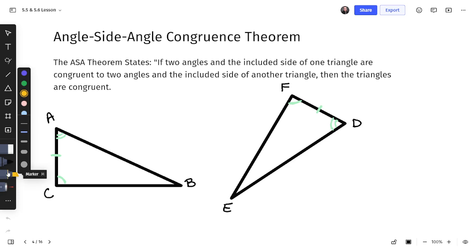That means the side that's between the angles. In this case, side AC and side DF on these 2 triangles in the diagram here. The included side has to be between the 2 angles that you know are congruent for you to use the angle-side-angle congruence theorem.